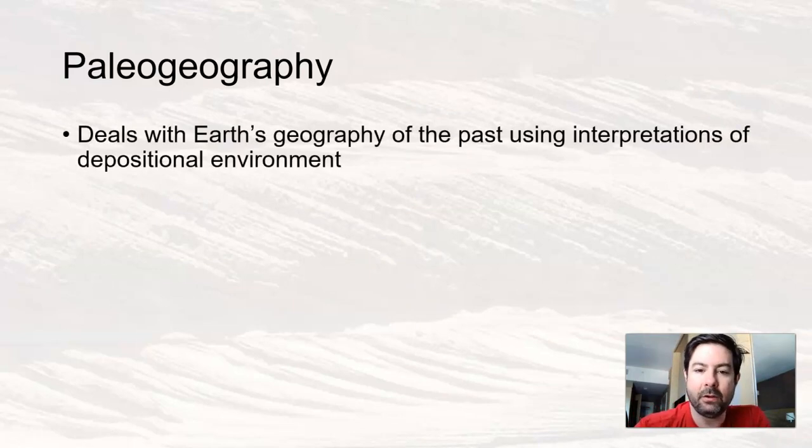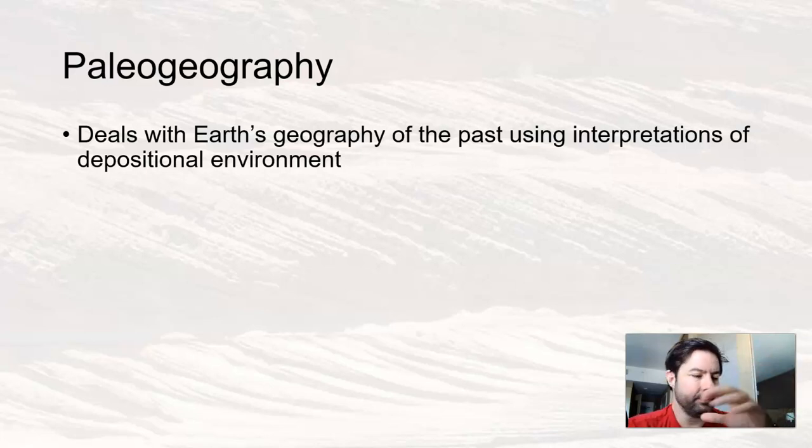So in paleogeography, that deals with Earth's geography, the surface and the layout of the past, using interpretations of depositional environments. So if we wanted to recreate, like you've seen in some lectures past, or in some of those websites that have recreated where the continents were, some of the different supercontinents, it wasn't just evidence that they stuck together, but we use all this other kind of evidence to figure out the orientation.